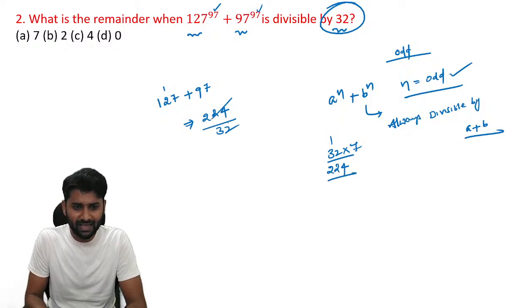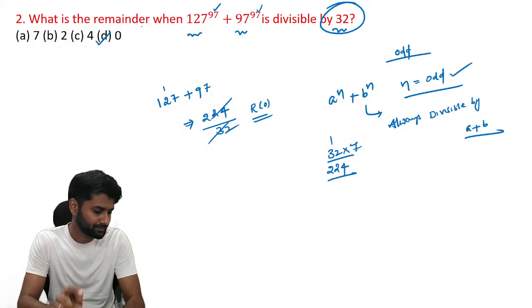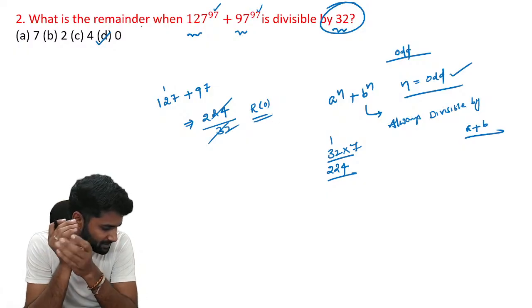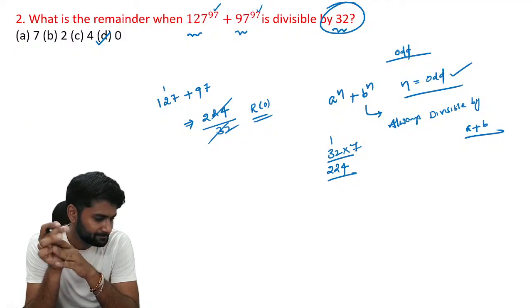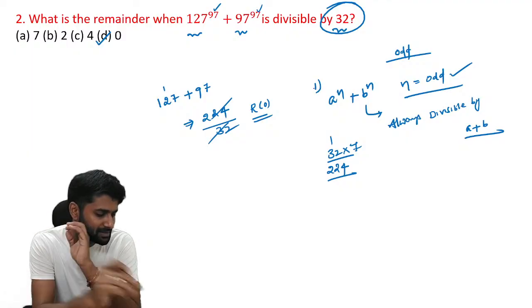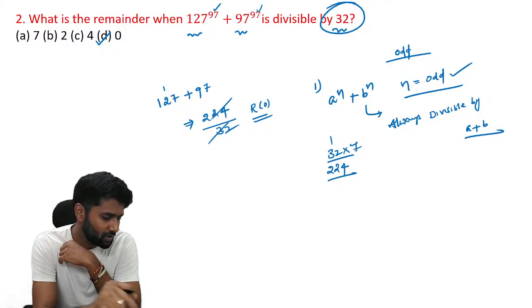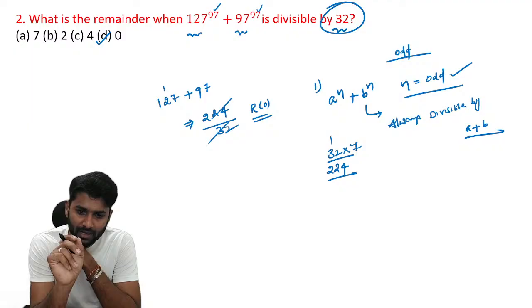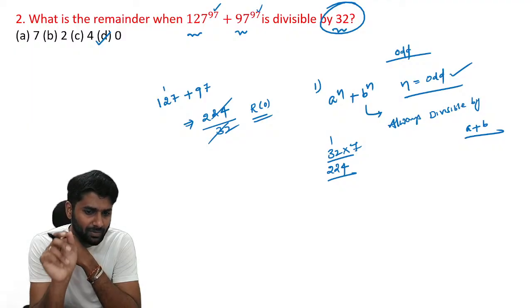So it is exactly divided by 32. Remainder is 0. So remember, this is an application: if a power n plus b power n, if n is an odd number, then the result is always divisible by a plus b.